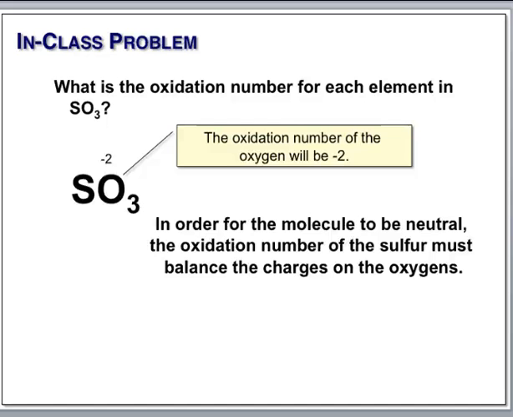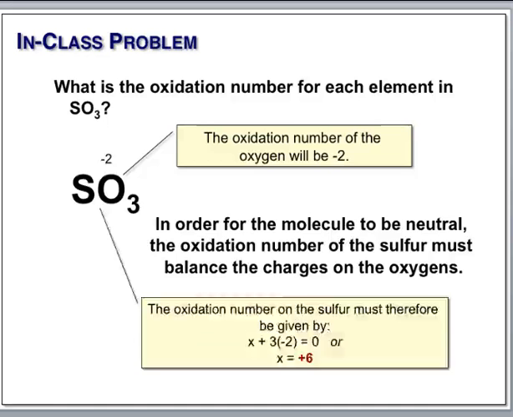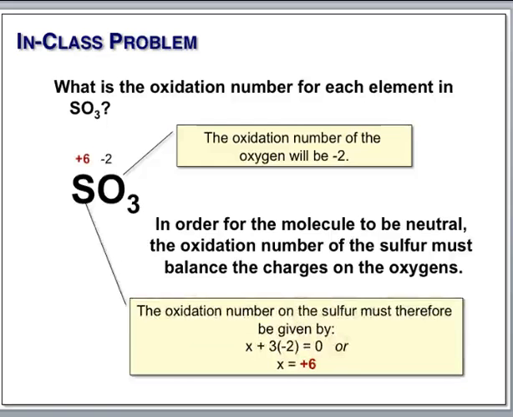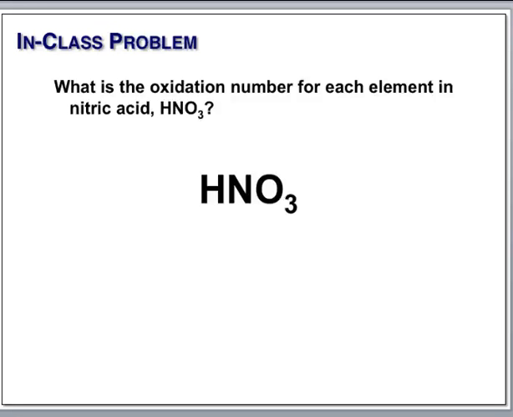If each oxygen is worth -2, how many negatives do we have? 6 of them. That means that for this to be neutral, sulfur must be +6. 6 negatives, 6 positives. Everyone get that?